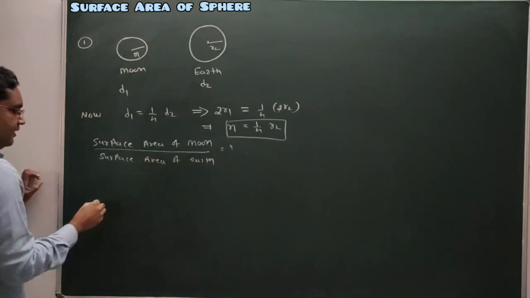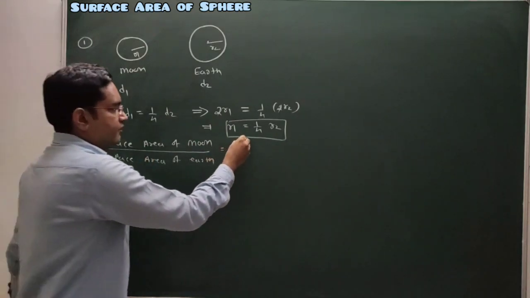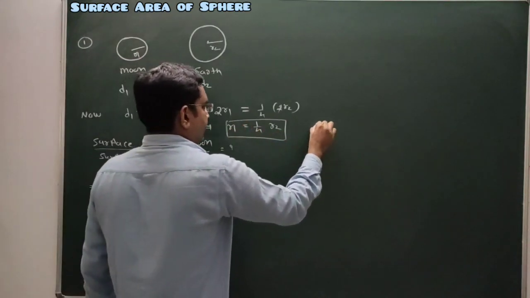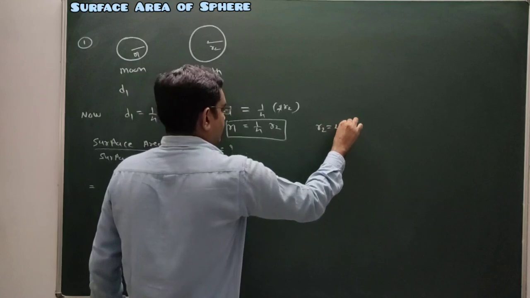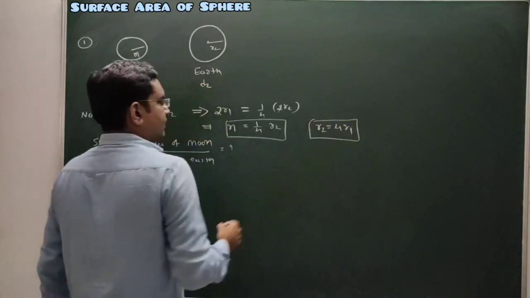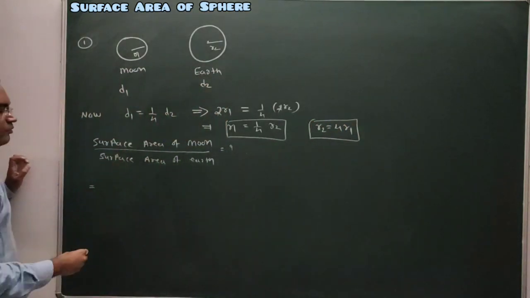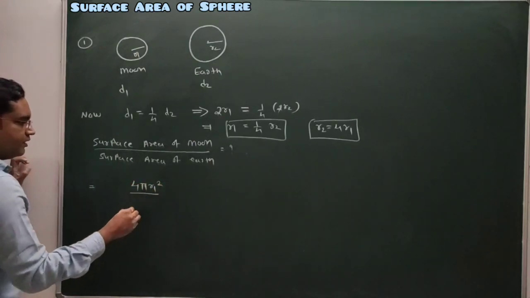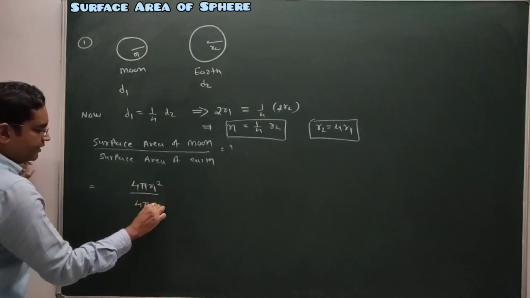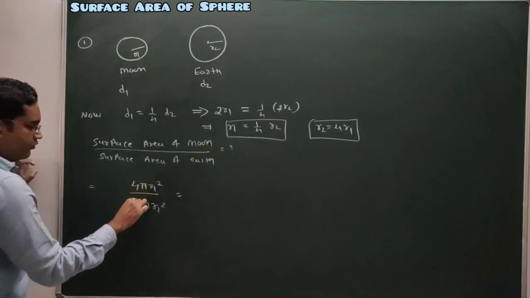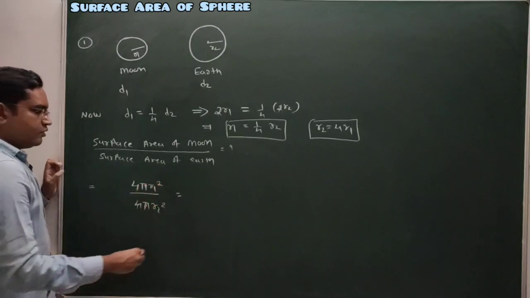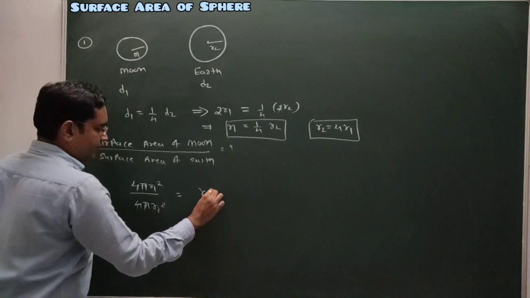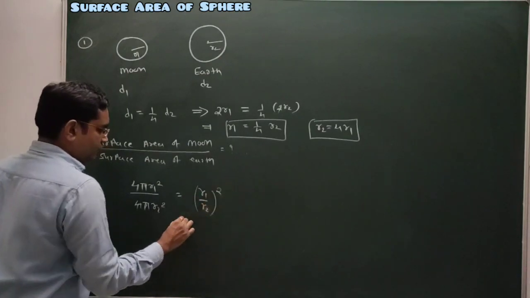So now ratio of surface areas. Here we can write r1 equal to 1/4 r2 and hence r2 is 4r1. Fractions we don't like, so write it like this. Surface area of moon, 4 pi r1 square upon surface area of earth, 4 pi r2 square. 4 pi cancels, r1 square upon r2 square, which is nothing but r1 upon r2 whole square.